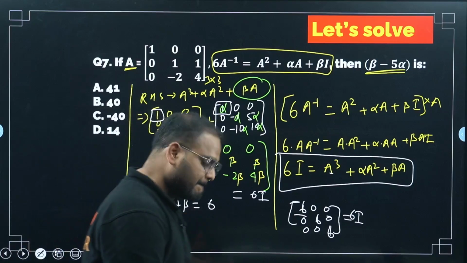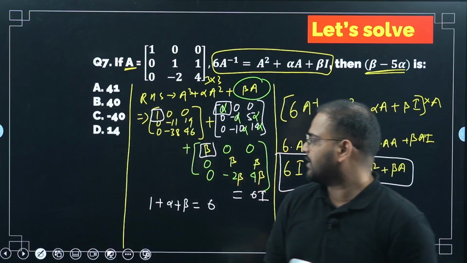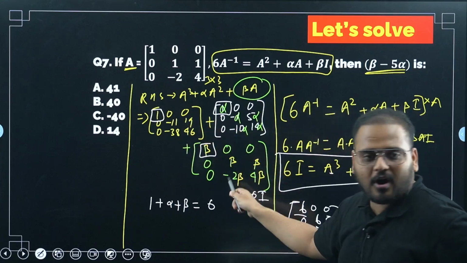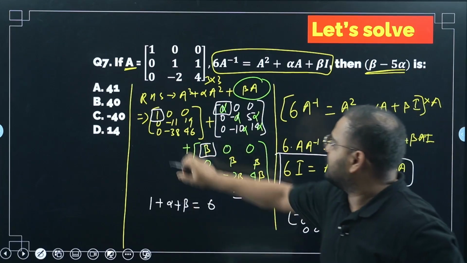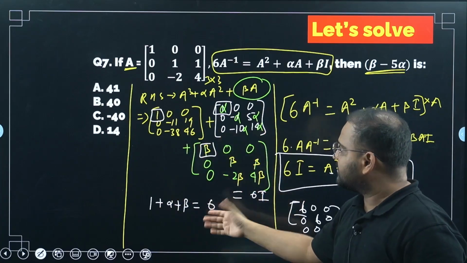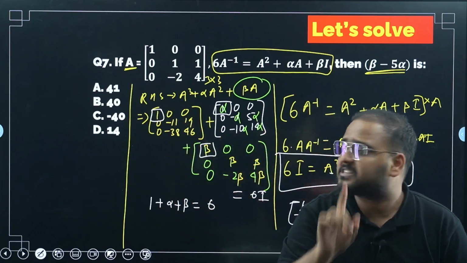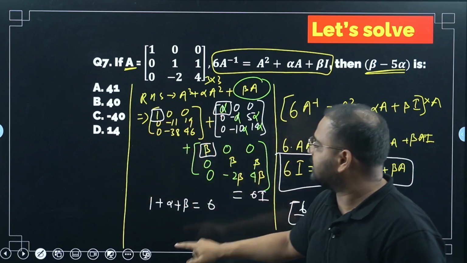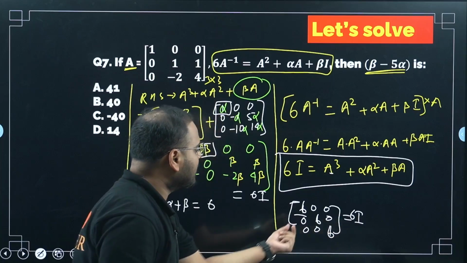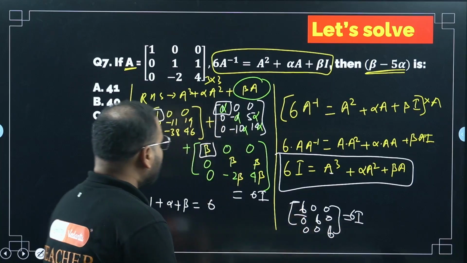Any problem? Should I repeat? Check here. The sum of all the first elements of the 3 matrices: this matrix plus this matrix plus this matrix. I am adding only the first element, so 1 plus alpha plus beta. And in the case of the identity matrix, 6 times it, the first element is 6 only, and they are equal to each other.